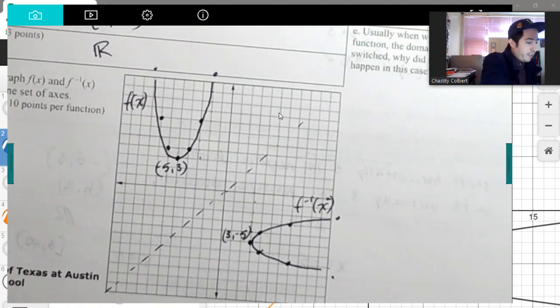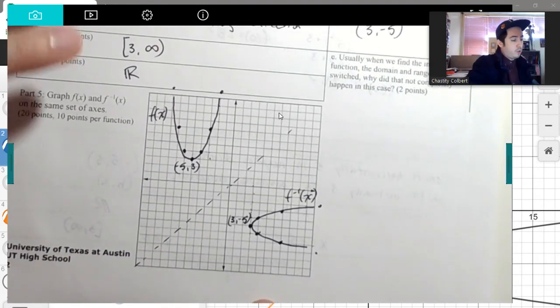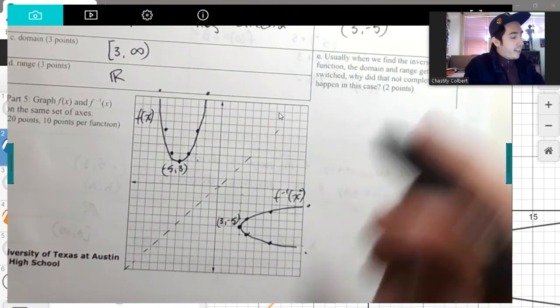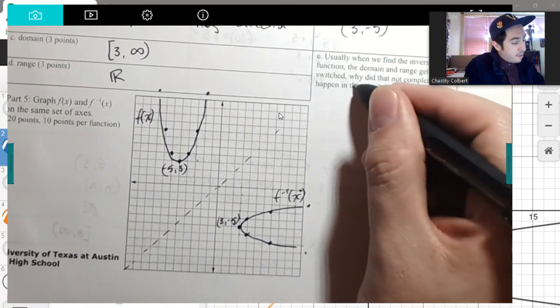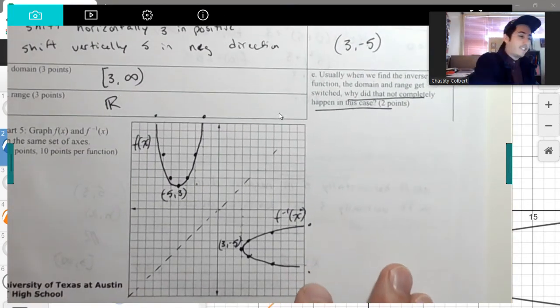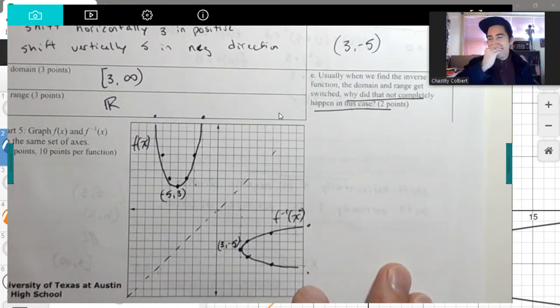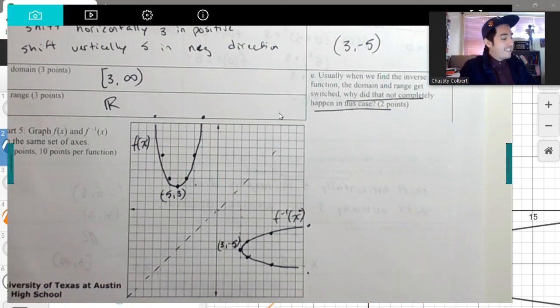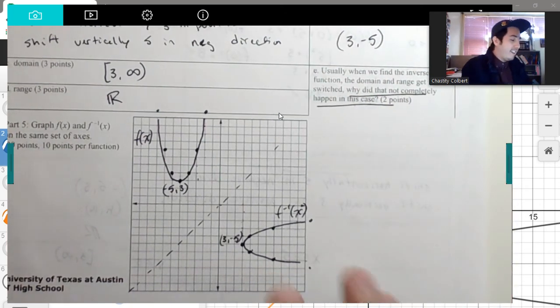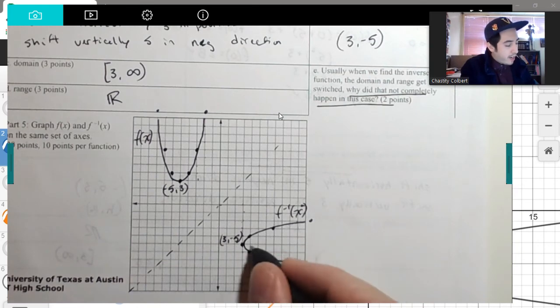All right, last little thing here. Usually when we find the inverse of a function, the domain and range get switched. Why did that not completely happen? Okay, so now I see what they want. Technically, this graph should not include these bottom points.